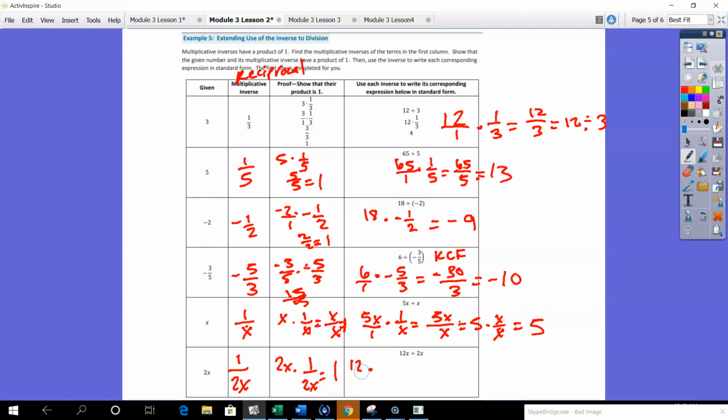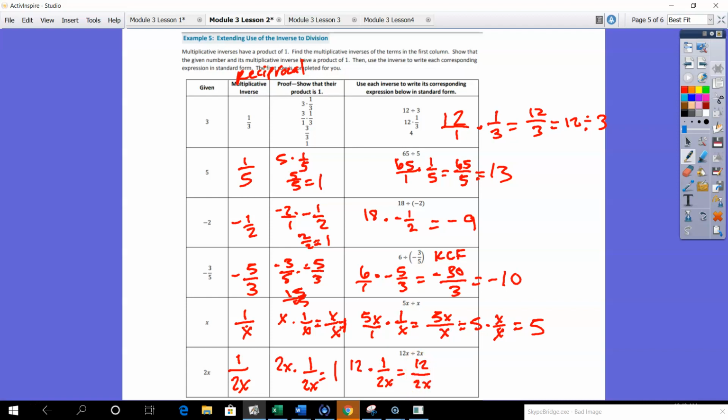So then 12x times the reciprocal equals 12x over 2x.